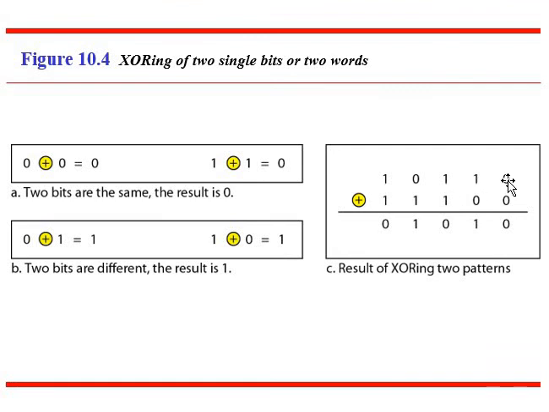We will go from right to left. 0 XOR 0 is 0, 1 XOR 0 is 1, 1 XOR 1 is 0, 0 XOR 1 is 1, 1 XOR 1 is 0. This is an example of XORing. I think we have already studied this in analog and digital electronics. So this is about the introduction of the errors.